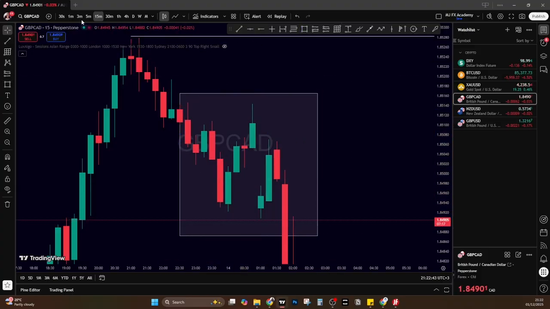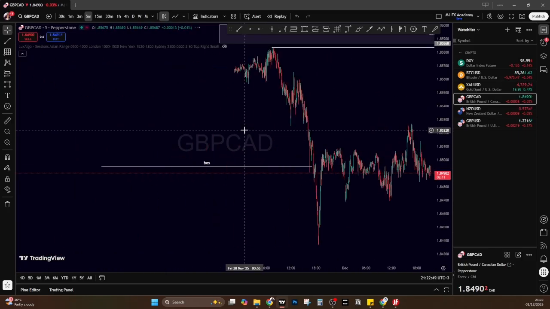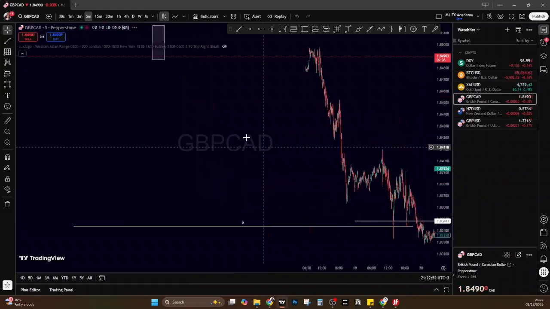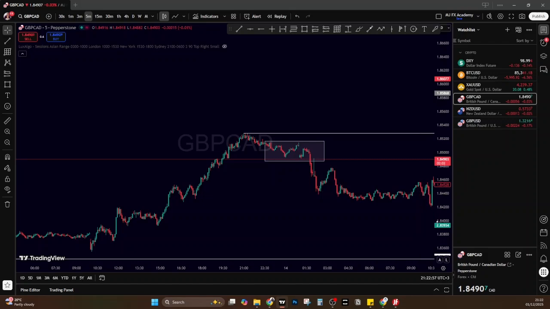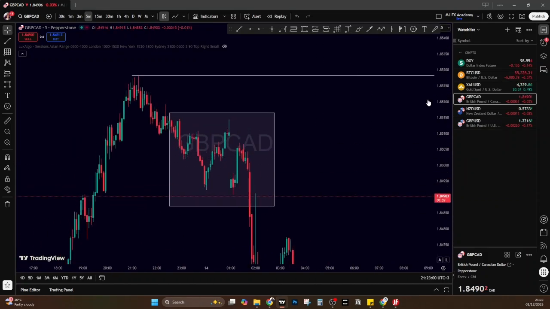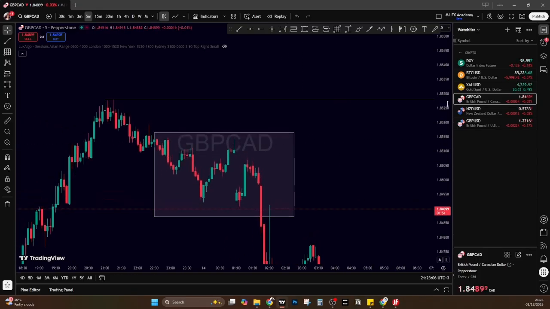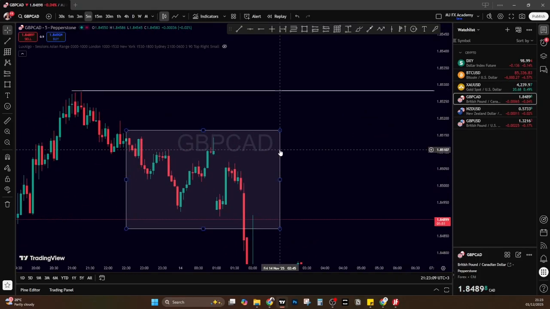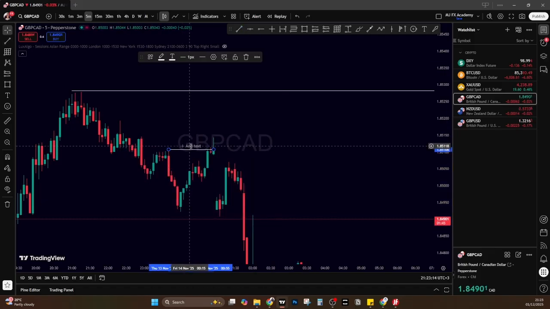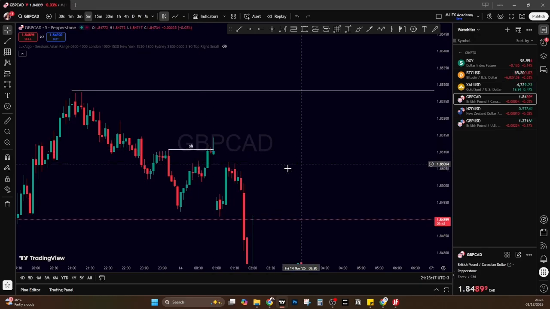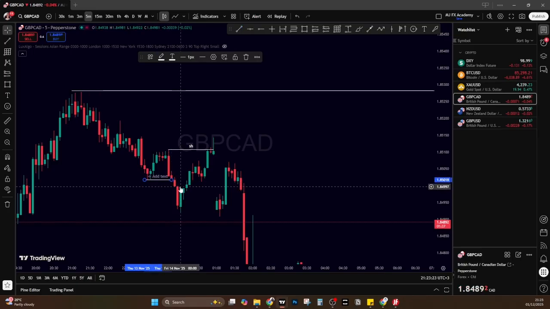That is the level we are looking at. Let me go to the lower time frame, so that we don't get lost. This is where we are. So look at this, this is where we have our stop hunt. That is where we had our BOS.